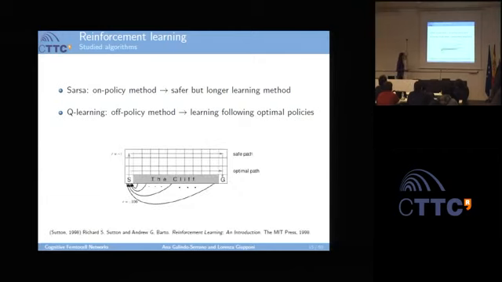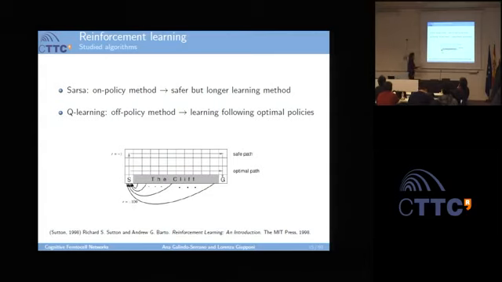So we take a very common example for reinforcement learning systems, which is in the Sutton and Barto book called Reinforcement Learning: An Introduction. If you want to go into more detail, I really recommend you find this book. It's on the web, so it's very easy to find. And the idea is this one. We will have a starting point and a goal point, and the agents have to learn how to walk next to a cliff.